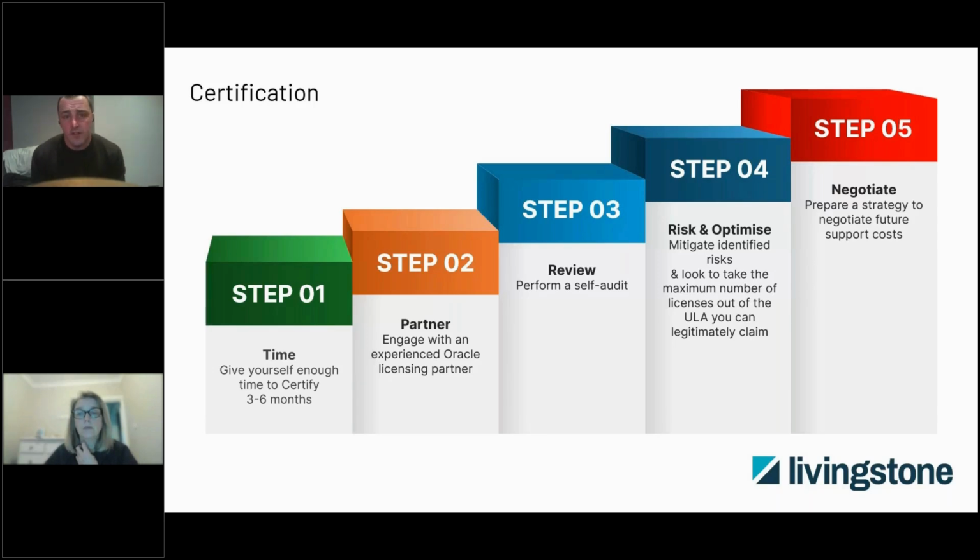So the very first thing is understanding what is the financial impact of a renewal? So what's it going to cost you? In a ULA, there are two financial components: the unlimited deployment fee and the technical support. Now, the unlimited deployment fee will also come with additional support. Let's keep some numbers really simple.